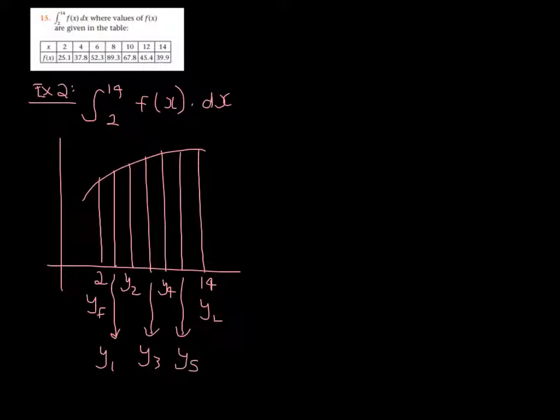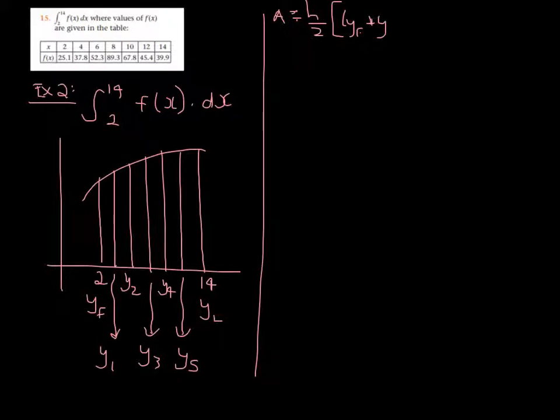And then set up my trapezoidal rule. So the trapezoidal rule was area equals h on 2, first plus the last, plus 2 of, and in this case, what have we got? y1, y2, y3, y4, y5.